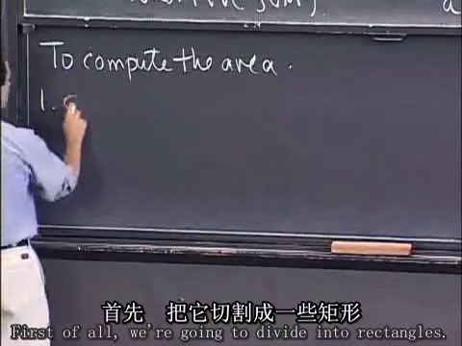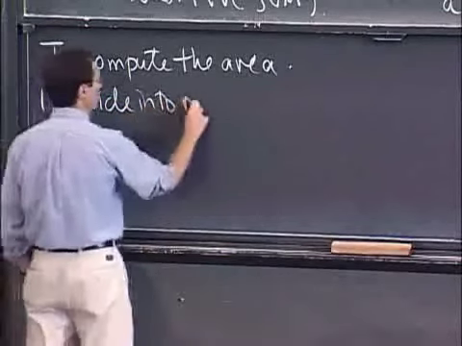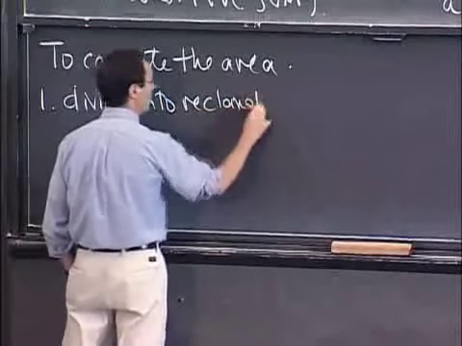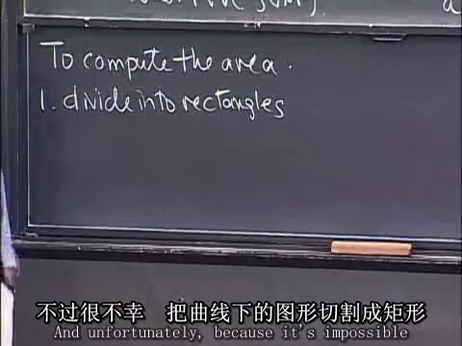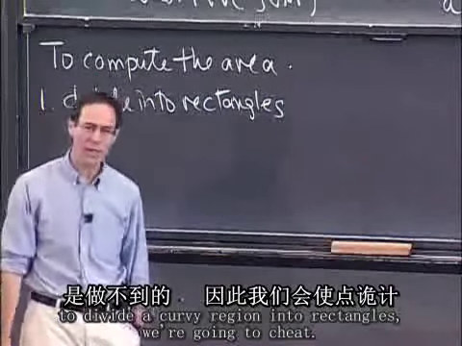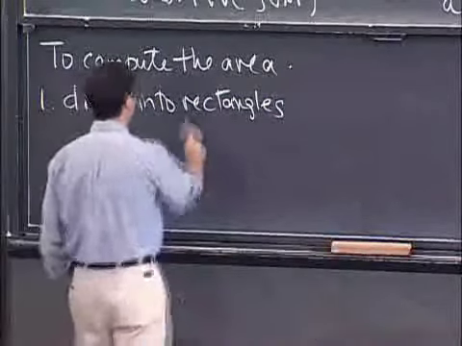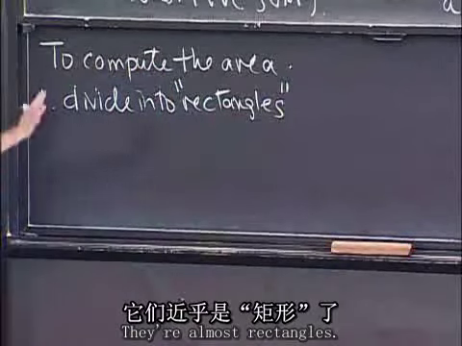First of all, we're going to divide into rectangles. And unfortunately, because it's impossible to divide a curvy region into rectangles, we're going to cheat. So they're only quote-unquote rectangles. They're almost rectangles.